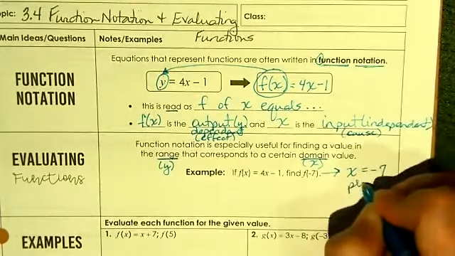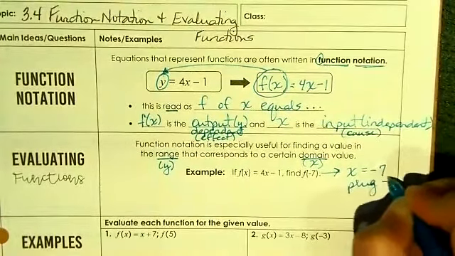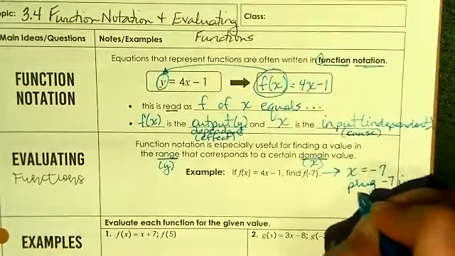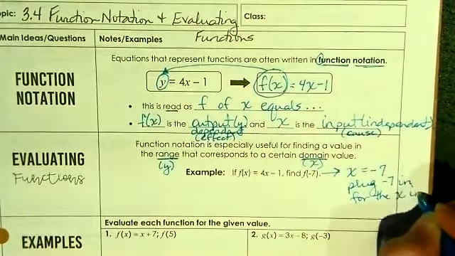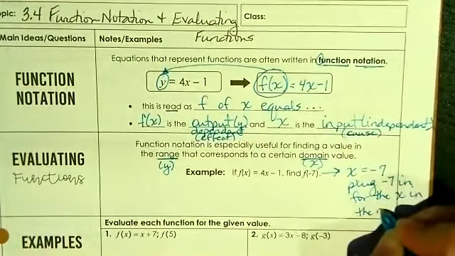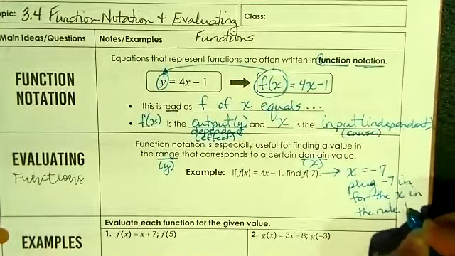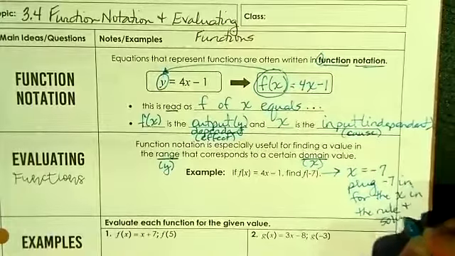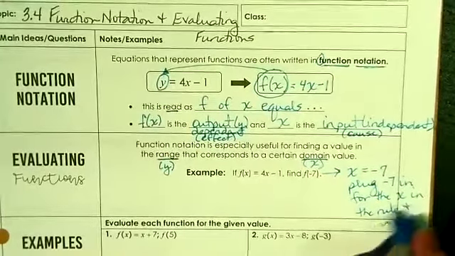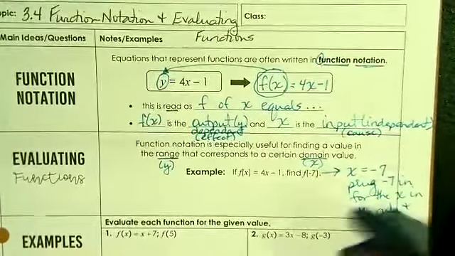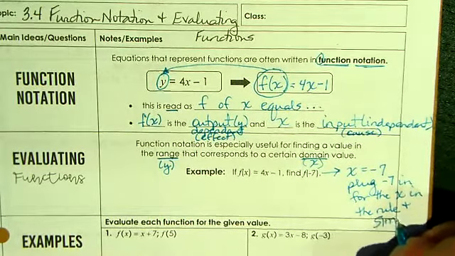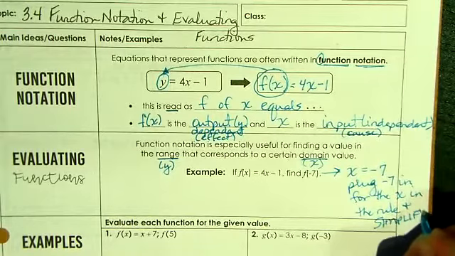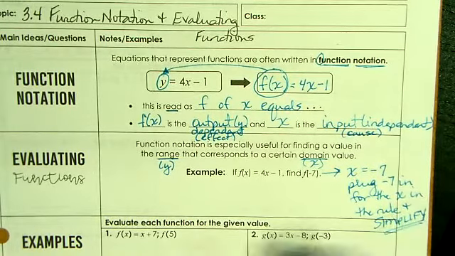So we plug negative 7 in for the x in the rule and simplify. We don't solve, because at that point it's not an equation. We're just simplifying. That's big because some of us are going to want to solve, but we're simplifying.